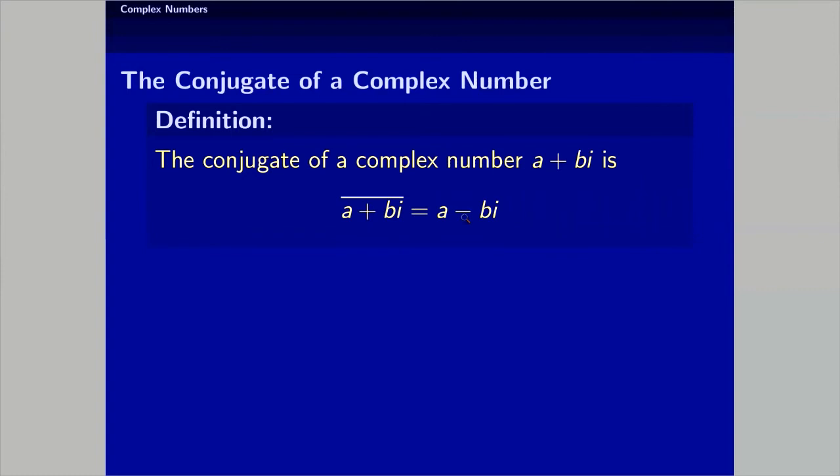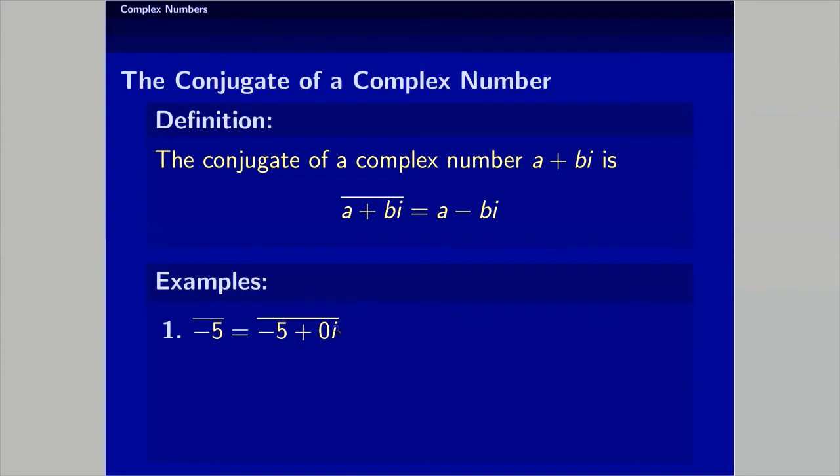Okay? Let's consider these examples. What is the conjugate of negative 5? Recall, negative 5 is a real number. Actually, you may want to write it in a plus bi form in this way. Like that, right?